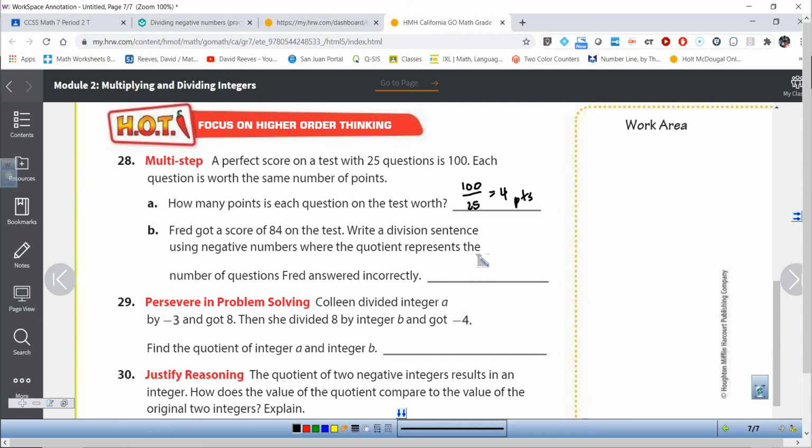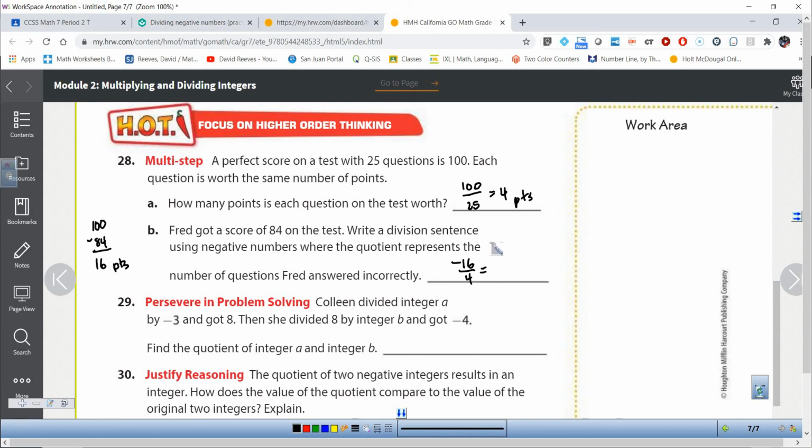incorrectly. All right, so if he got a score of 84, let's see here. If we do 100 minus 84, what do we get? We get 16 points, right? So he missed 16 points, right? So negative 16 is the amount of points his score went down, okay? And we know each question is worth 4 points.